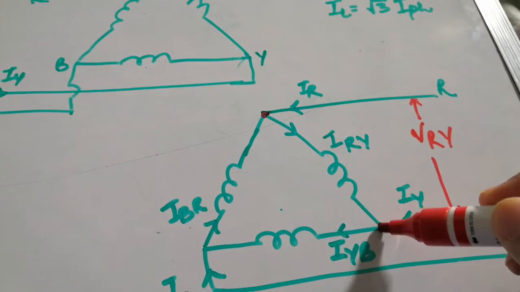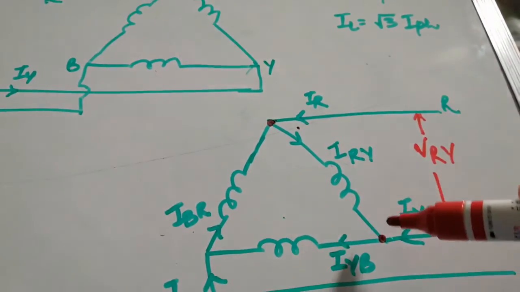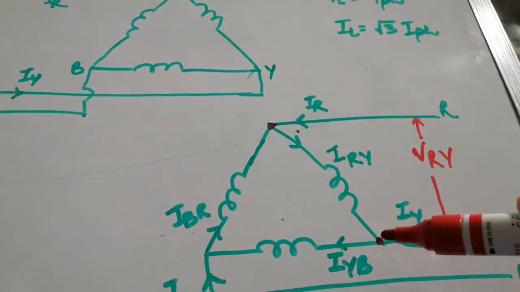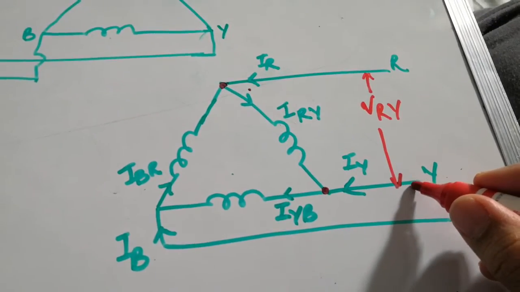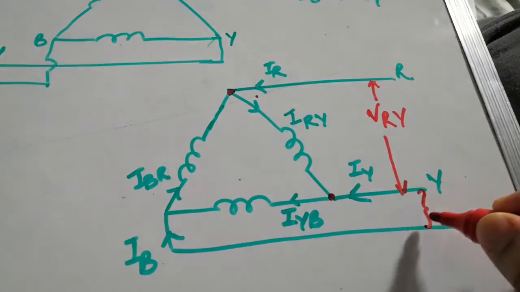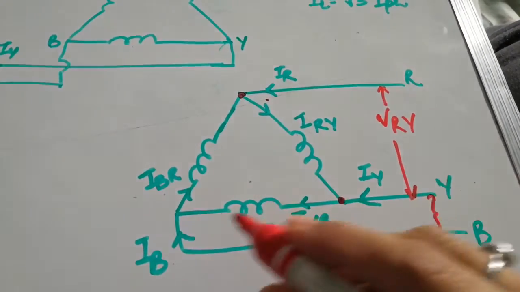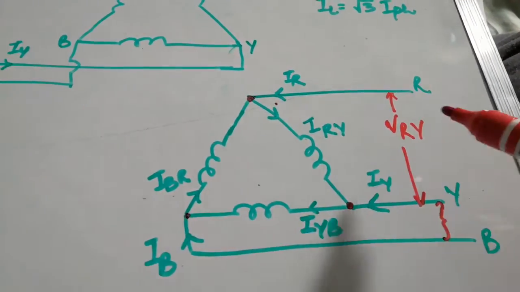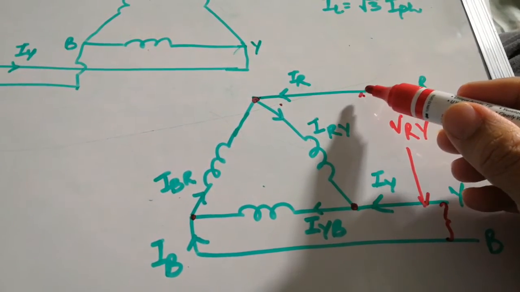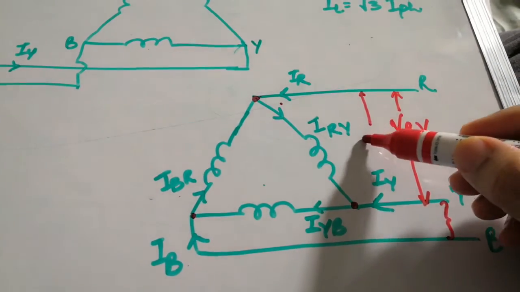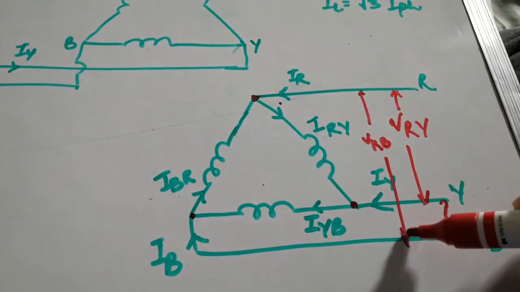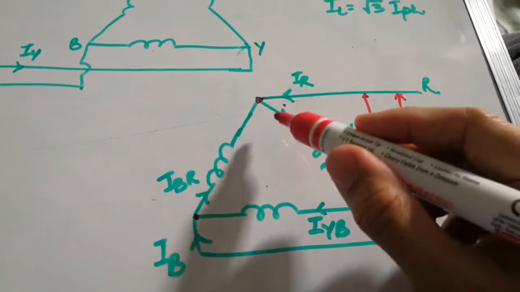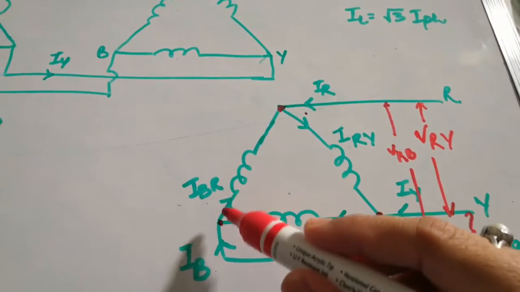If I point it out here, this is nothing but the phase voltage of my R side. Similarly, VYB is going to give me the phase voltage of this point, and similarly the line voltage VRB between these 2 points is going to give me the phase voltage of this.